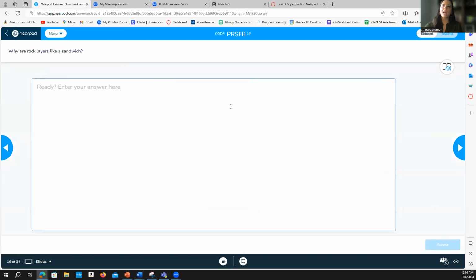So why are rock layers like a sandwich? I'm going to give you 2 minutes to give me your best explanation. Again, if you need longer than 2 minutes, you can always pause this video and then start again. So I'm going to give you about 2 minutes to go ahead and write your answer. Why are rock layers like a sandwich?